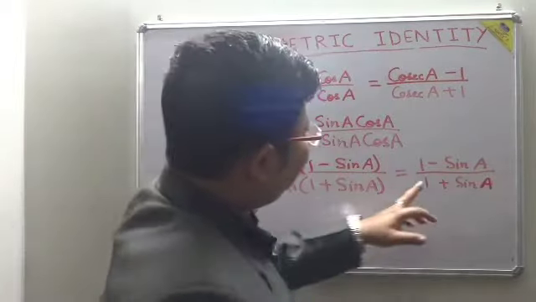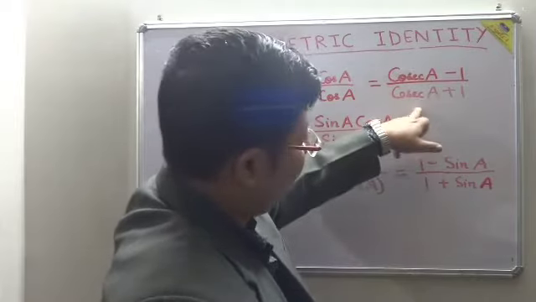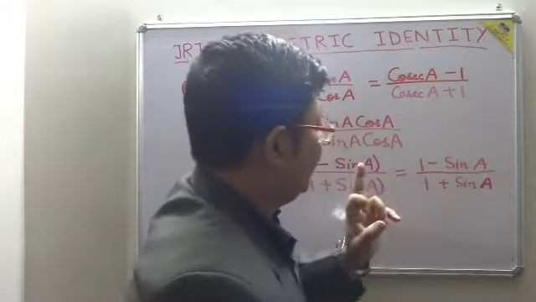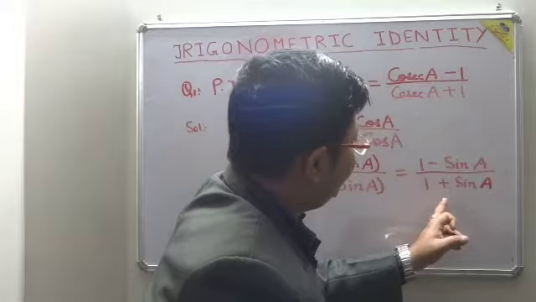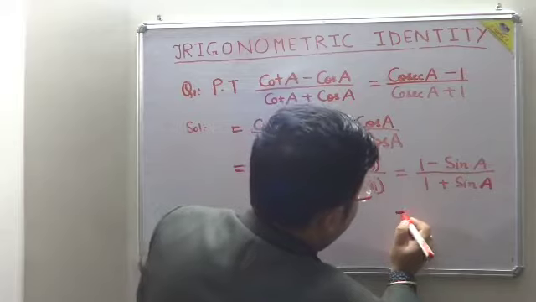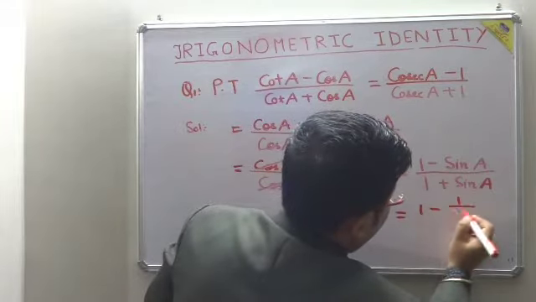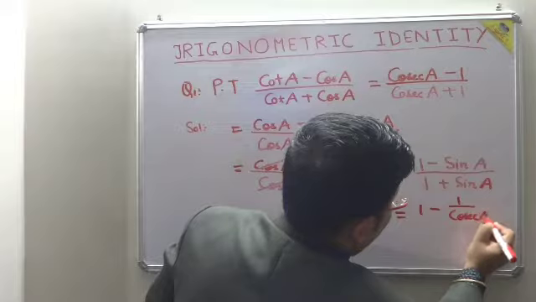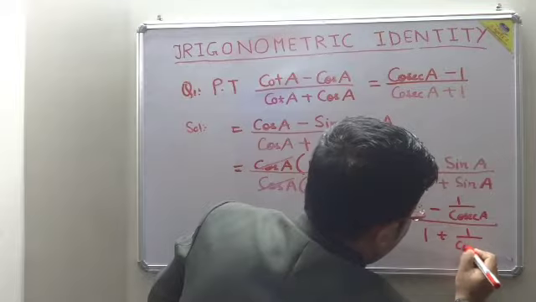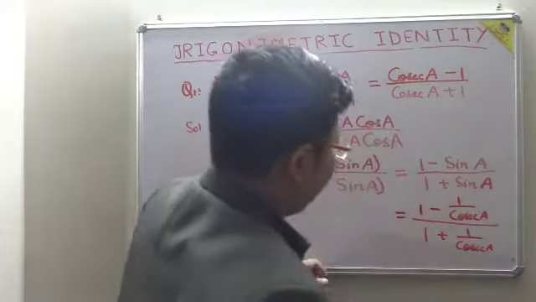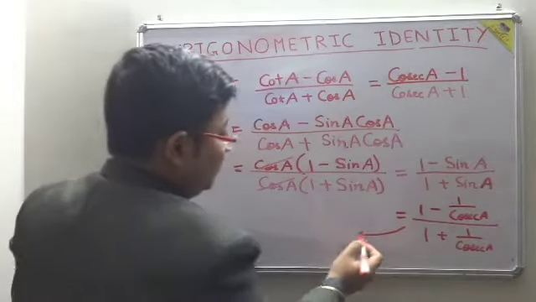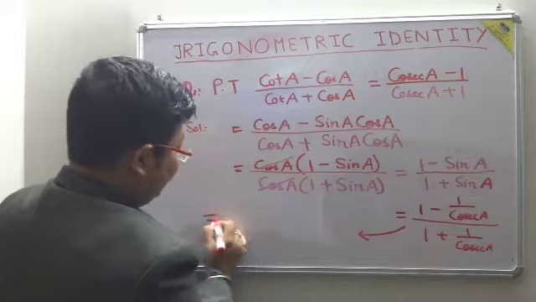Okay. Now from this step you will get this one. How? See, we know 1 by sin A is equal to cosec A. Sorry. So sin A will be equal to 1 by cosec A. So you will get 1 by cosec A, and again in the denominator you can write it as 1 by cosec A. Now you take LCM as cosec A. So what you will get?